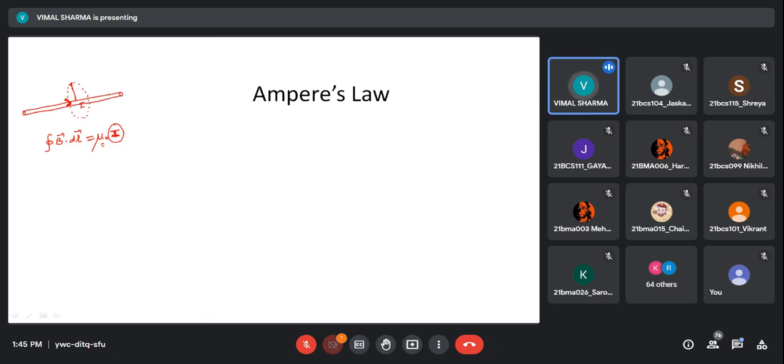Let me also take into account the dimensions of this conductor, and say that it is a conductor of finite area of cross section, and let me call that area of cross section S. Then we can write this current in terms of current density. Current density is defined as current through unit area of cross section.